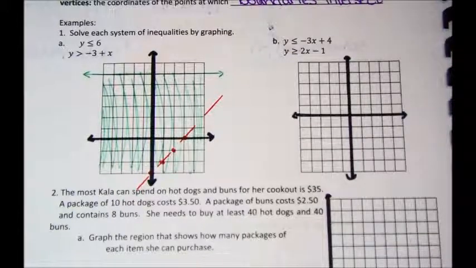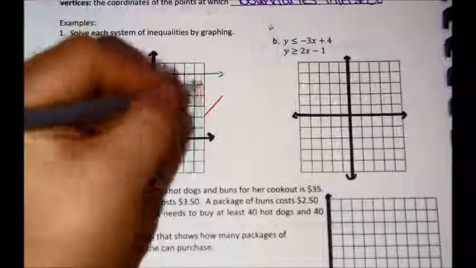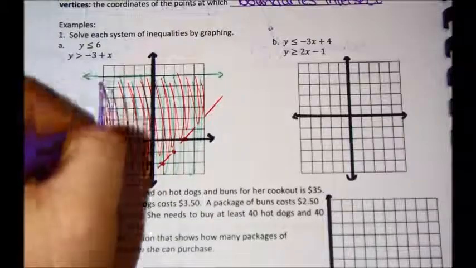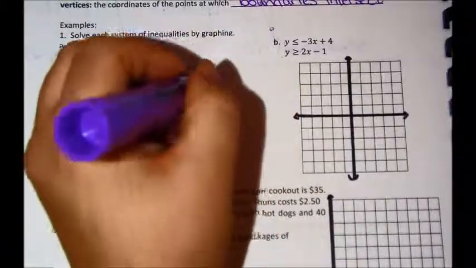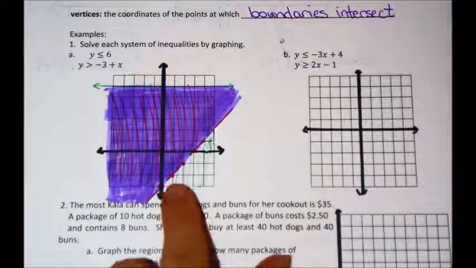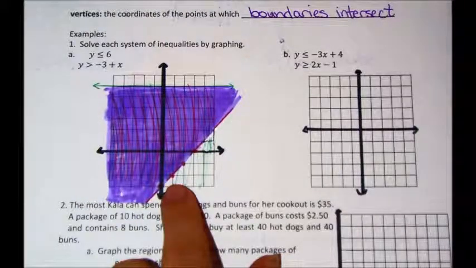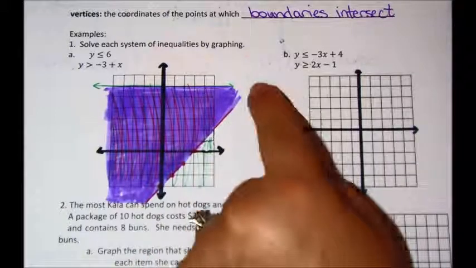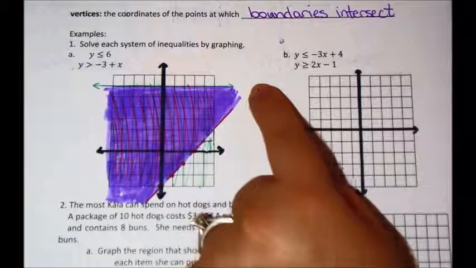When you're shading, you're only going to shade the part that already has shading on it. That way you can more easily identify your solution, and then highlight your solution. The highlighted portion shows your solution, and although we cannot see it on this graph, there is a vertex out here where the two lines cross.